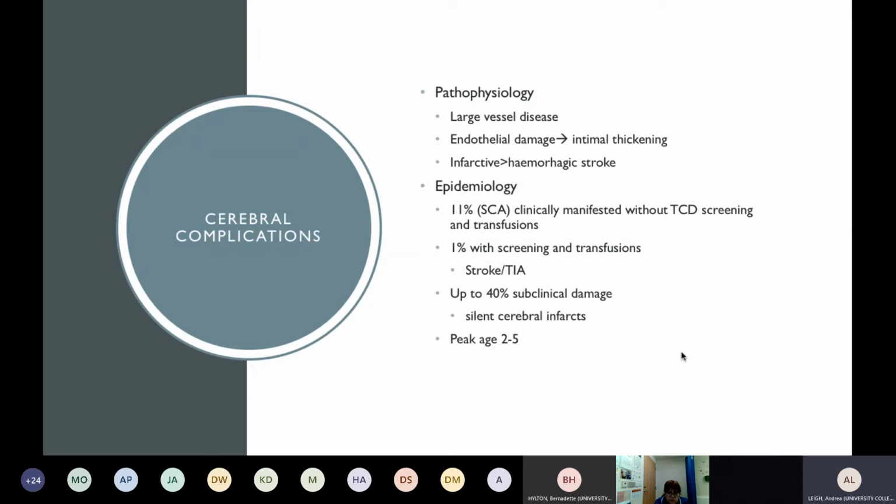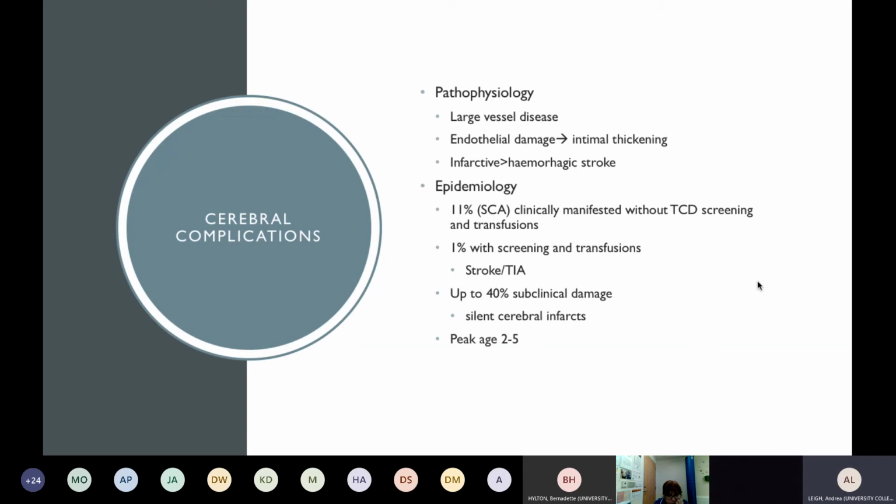Previous to Doppler ultrasound screening and transfusions, there was a significant risk of stroke in childhood in sickle cell anemia, so SS and S beta naught thalassemia. The way that we do Doppler scanning is it's obviously painless ultrasound, and you can either do imaging scan, where they have a screen like a normal ultrasound, and they can see the blood flow using Doppler. They can check where they're measuring the blood flow velocity.